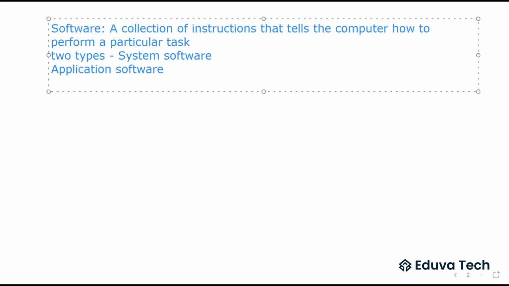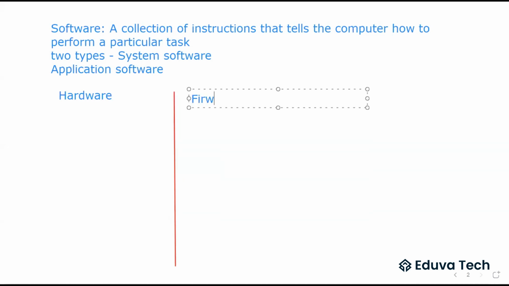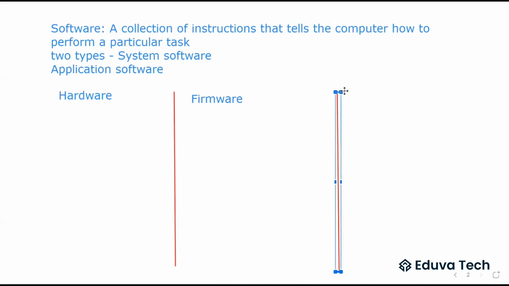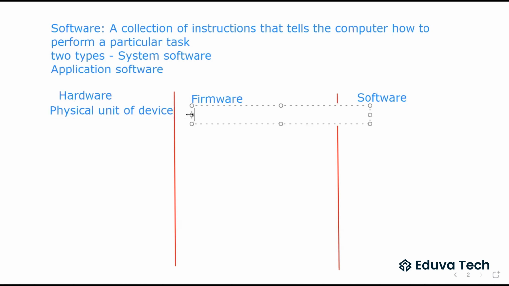So the differences between hardware, software, and firmware: hardware is a physical unit of device, we can touch it. Firmware is a set of instructions.